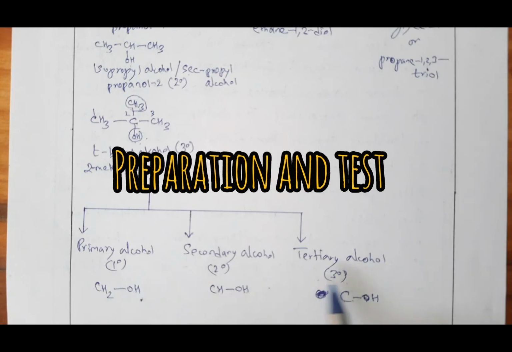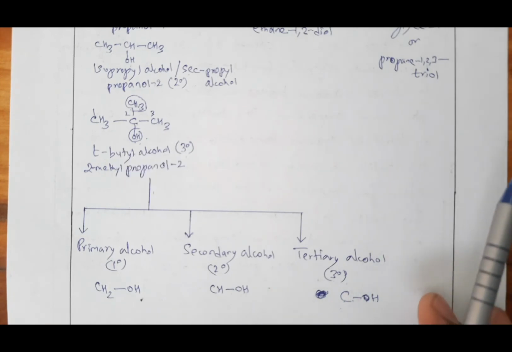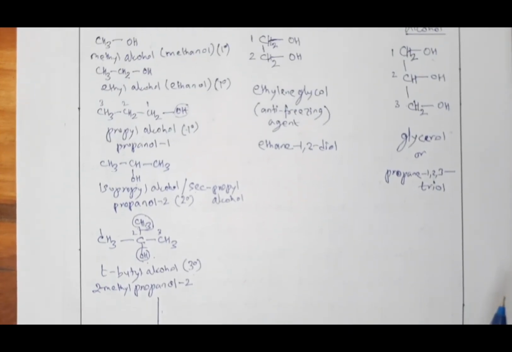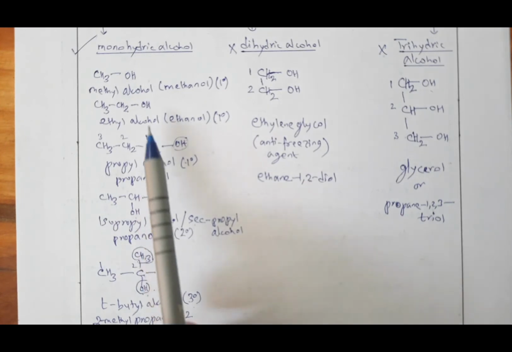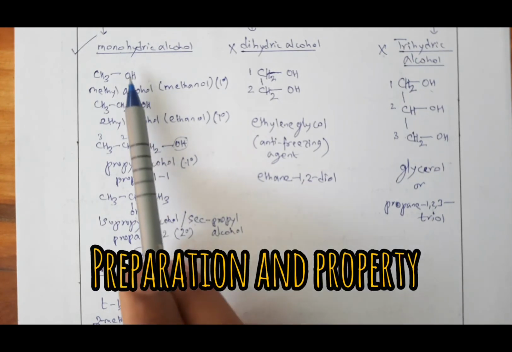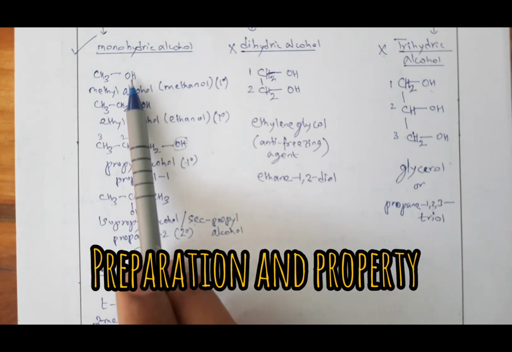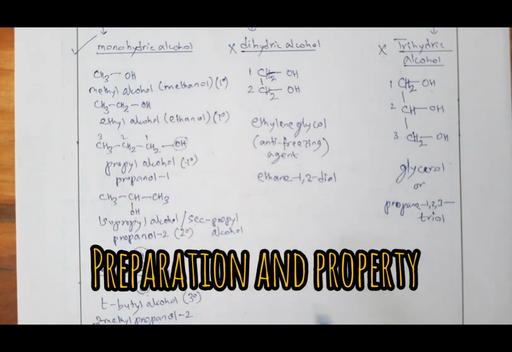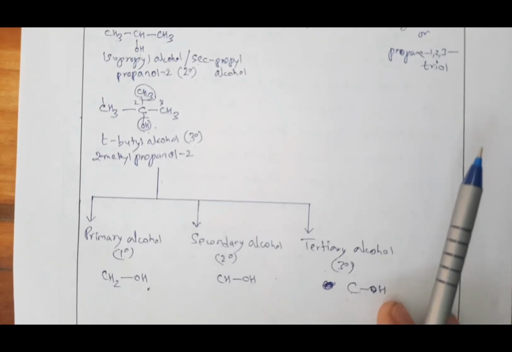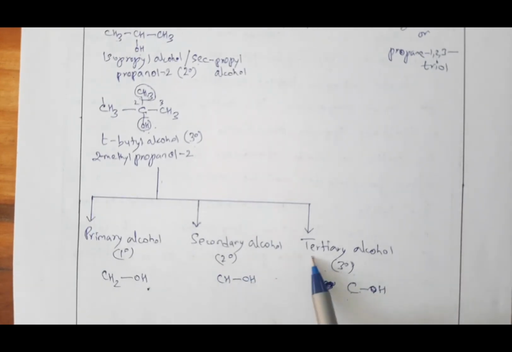After we complete the preparation and test of primary, secondary, tertiary alcohol, for methyl and ethyl alcohol we have to learn preparation and properties. So for methyl alcohol and ethyl alcohol, we have to learn preparation and properties, and for primary, secondary, tertiary alcohol, we have to learn preparation and test, students.